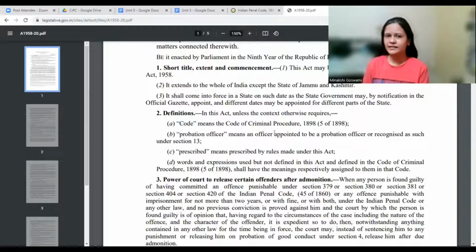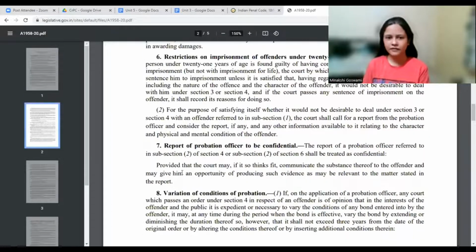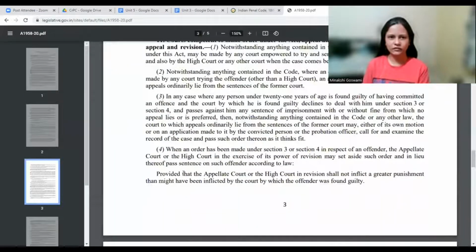Probation officer means an officer appointed to be a probation officer or recognized as such. Some persons are appointed as probation officers who would do the needful. It is also given under section 13 of the legislation.